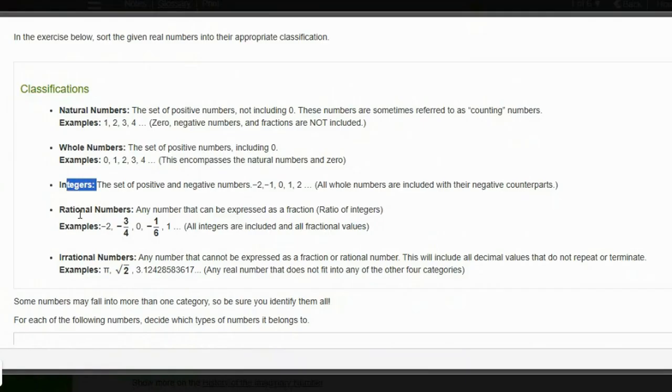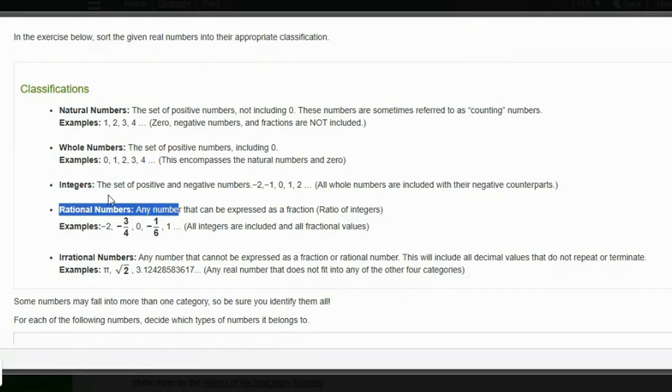Rational numbers are any number that can be expressed as a fraction. So that includes integers, whole numbers, and natural numbers. But rational numbers also include numbers like -3/4 or 2/3. Integers are included because we could express 4 as 4/1 as a fraction. All integers are included, and all fractional values.